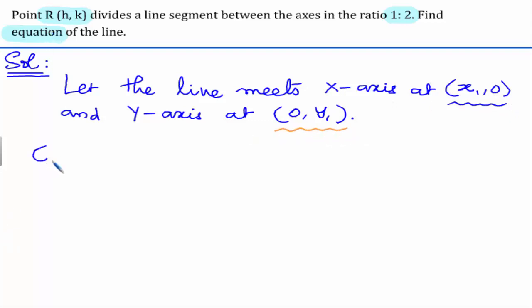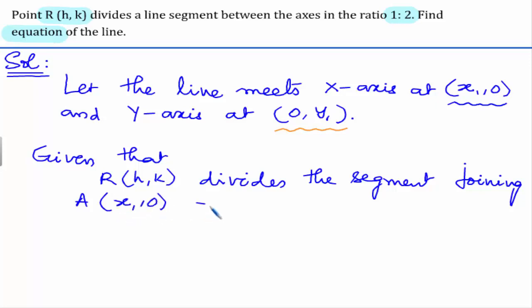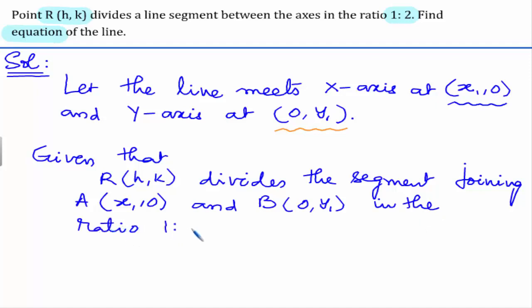And it is given that the point R h, k divides the line segment joining these 2 points, let us call them A and B, A is x1, 0 and B is 0, y1, in the ratio 1:2. Now let us use the section formula.